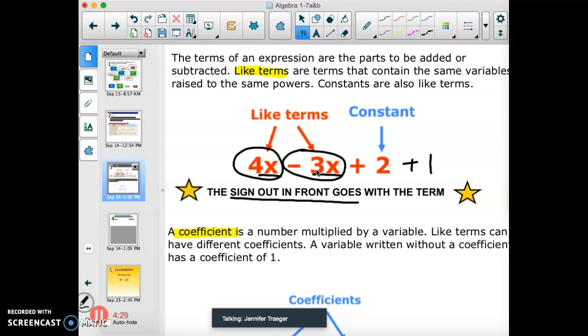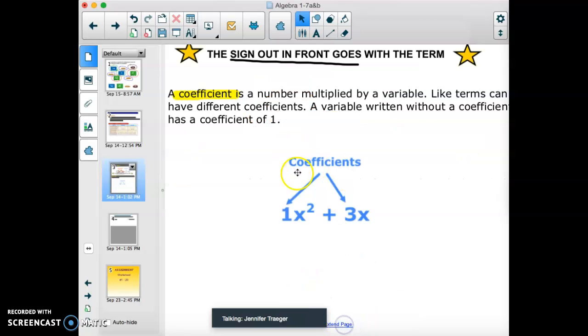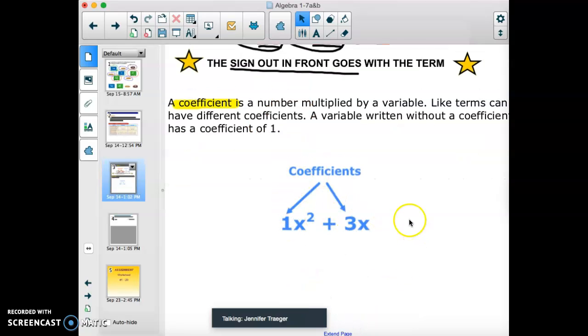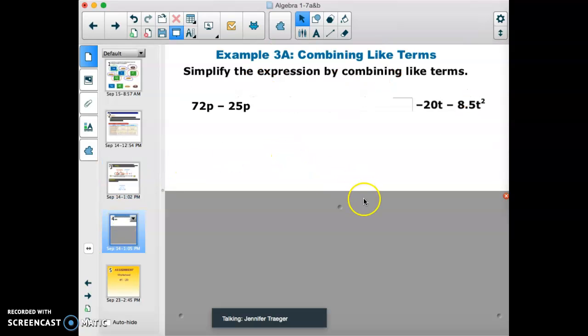All the constants will go together. We know that the numbers out in front are called coefficients, if you remember from the Quizlet yesterday. That is what I am going to use to decide how many are going to be in my piles of x's. Okay? So let's just do a quick little review here.